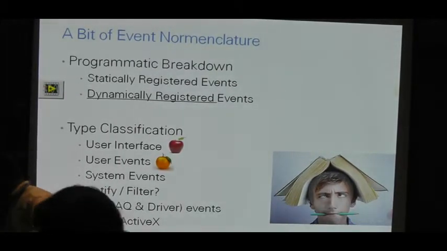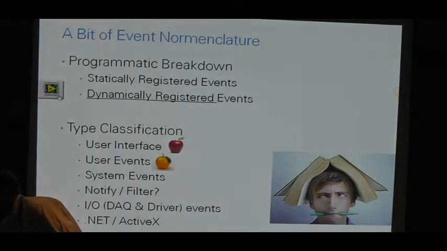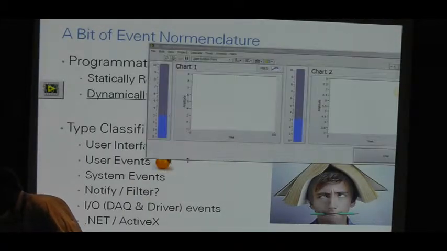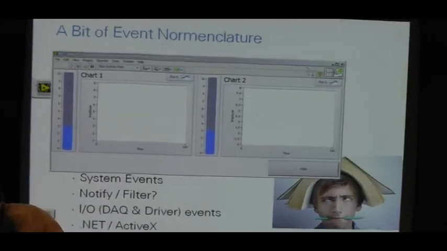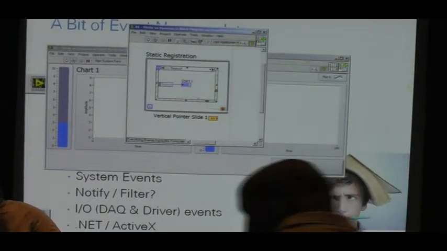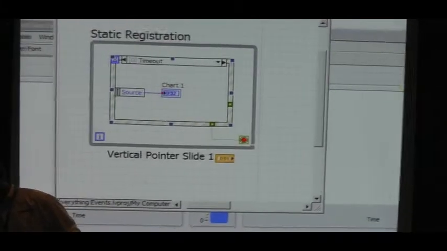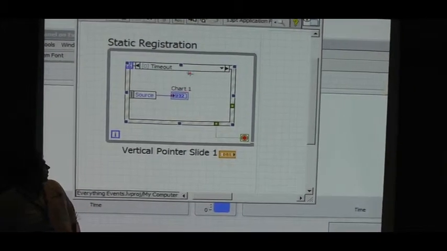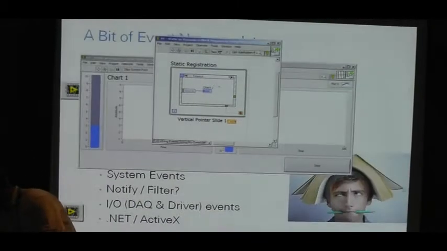Well, let's get into the example and just kind of talk about it from there. Okay. So, very simple VI. All that's here is a statically registered, well actually I haven't even statically registered yet.